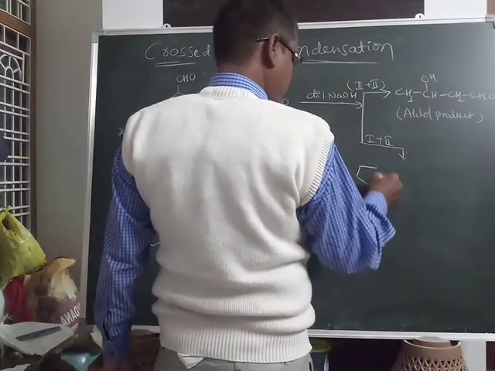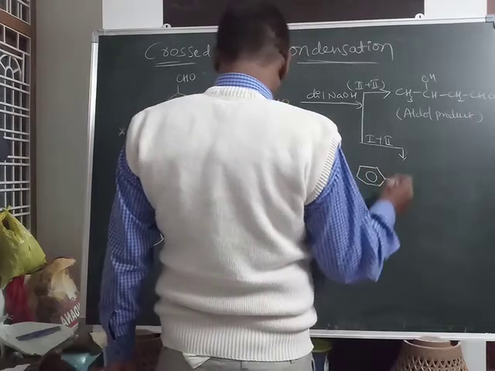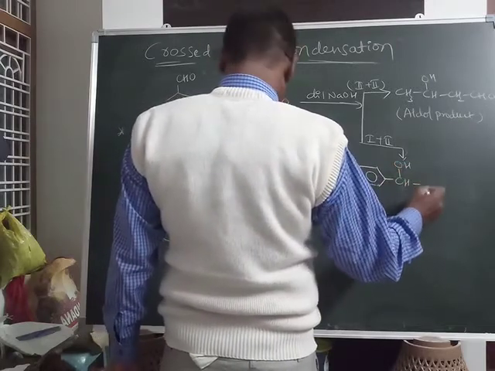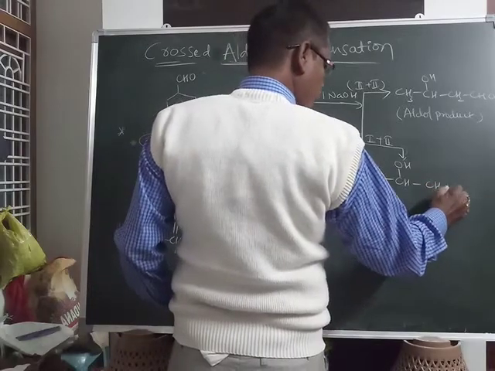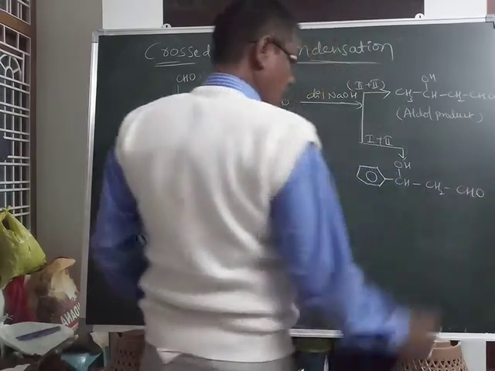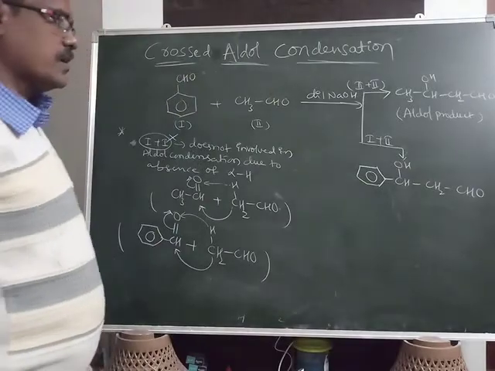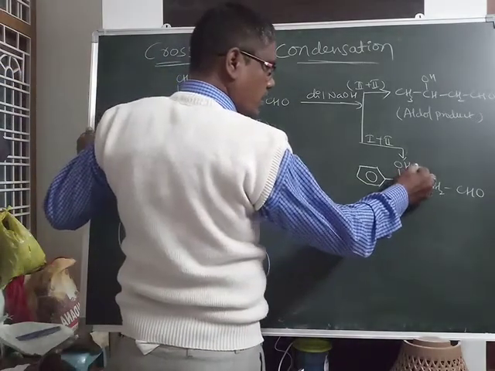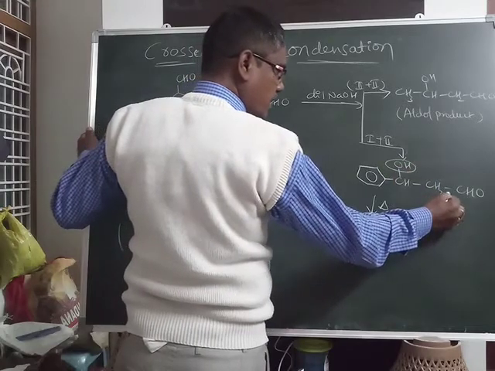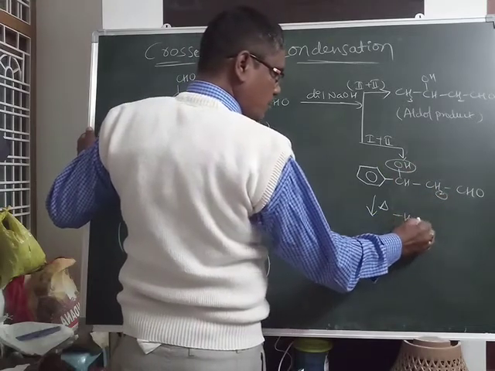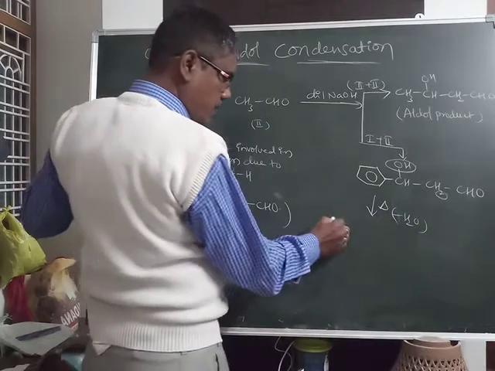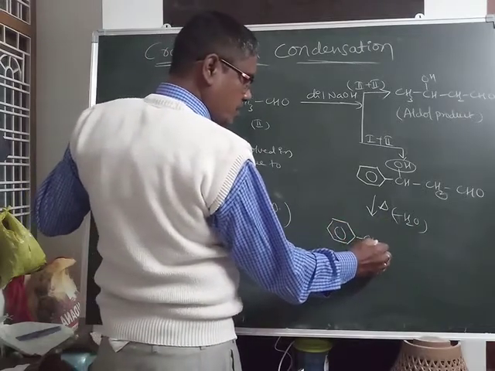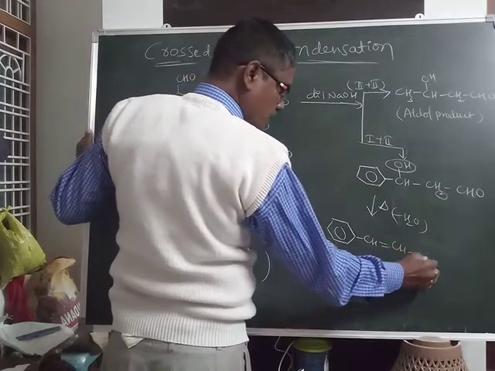Benzaldehyde and CH(OH) and CH2CHO. This one, when it is heated, one water molecule, OH from here and one H, is eliminated as a water molecule to obtain this one. Here CH double bond CH, CHO.